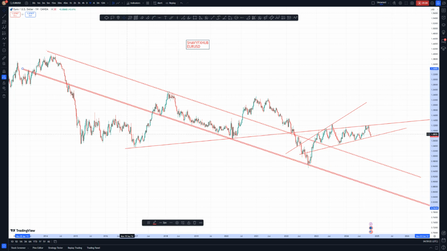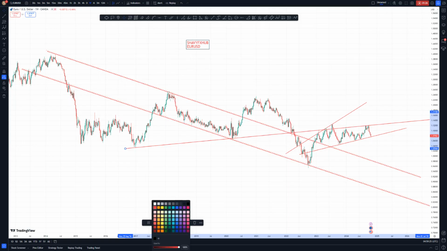But the price at the moment is sitting on a demand floor. Let's see what it does from there.